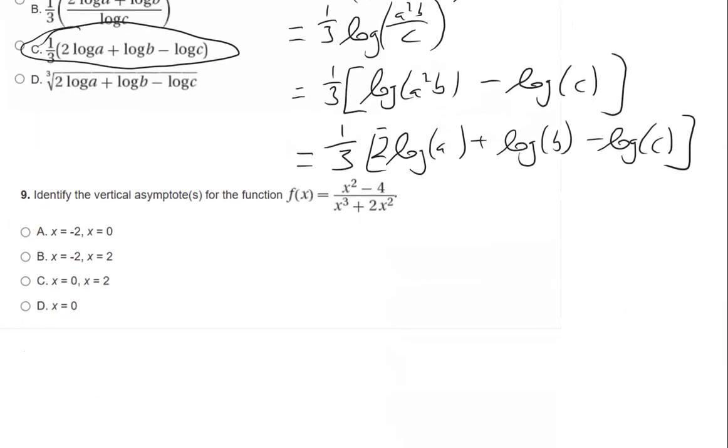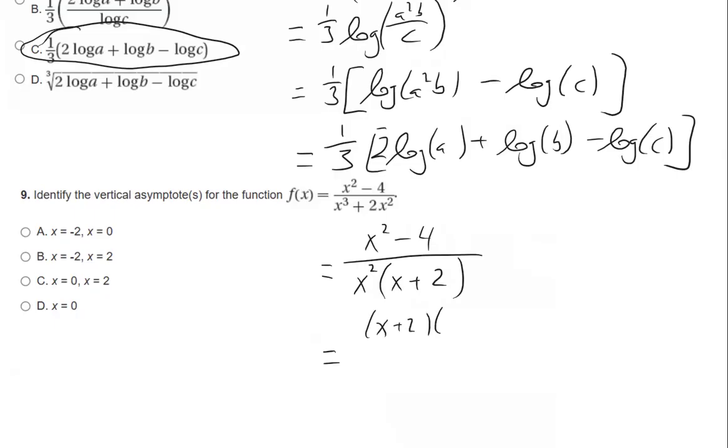All right. And then number 9, identify the vertical asymptotes of this guy. The vertical asymptotes are when the denominator is 0 for rational functions. So x squared minus 4 over, let's factor out x squared. So it'll be x plus 2. But actually, the top we can factor as well. So you've got to be careful.